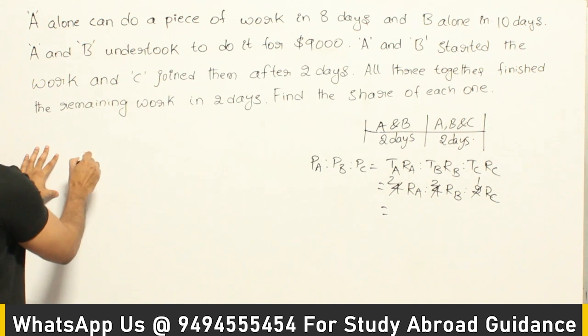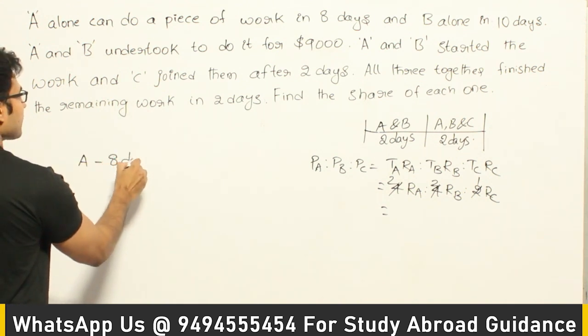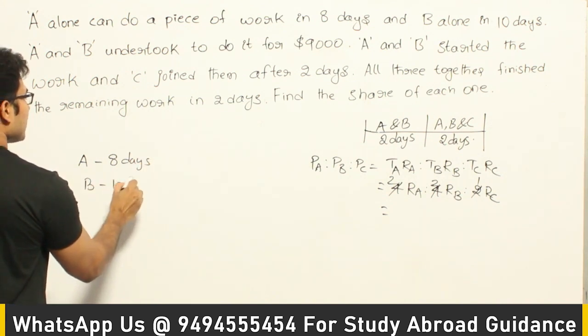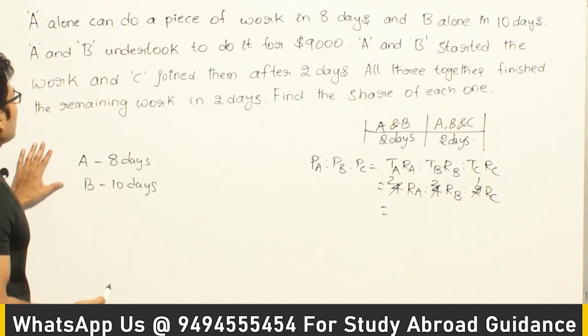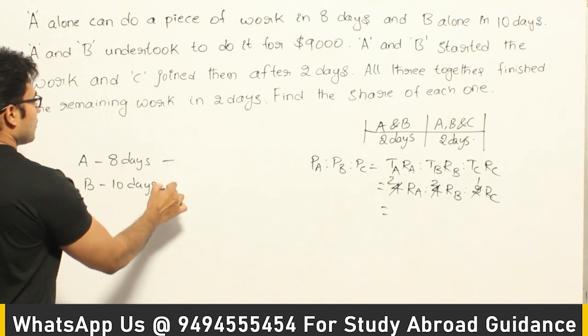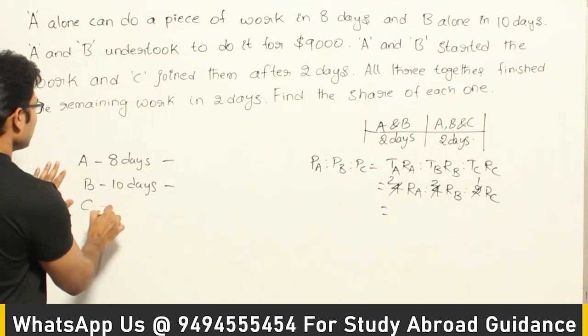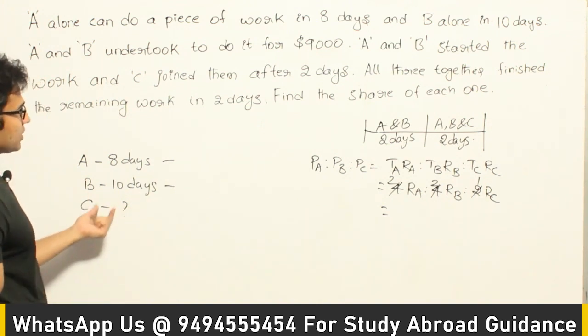Now they are saying that A has done the piece of work in 8 days and B has done it in 10 days. C we don't know, but they said that A, B and C are able to finish the remaining work.